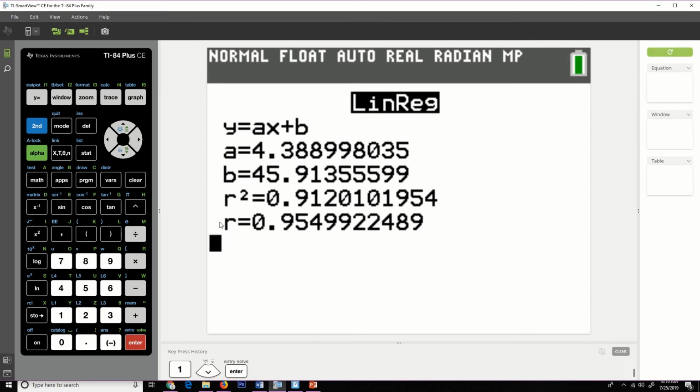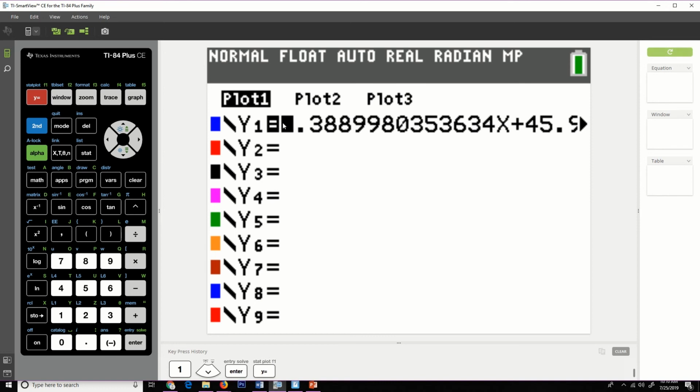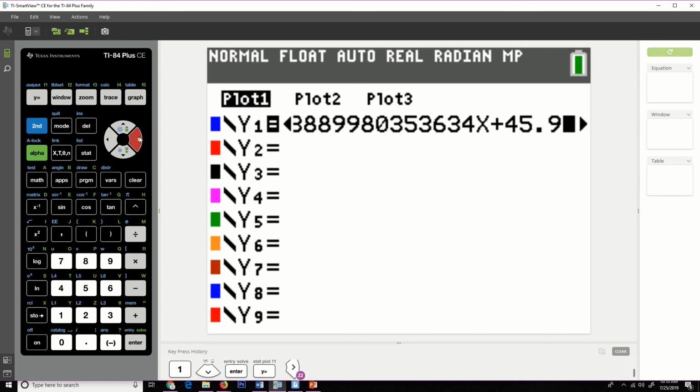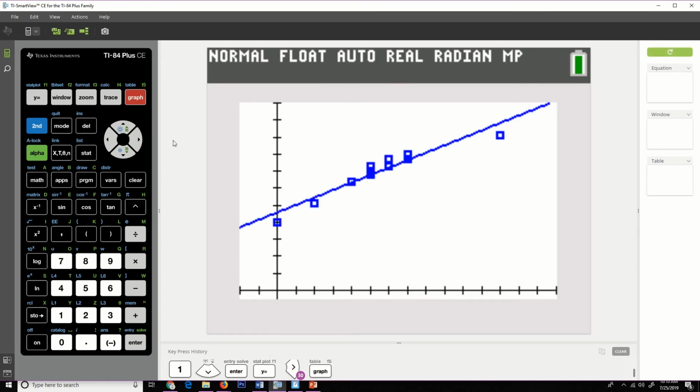All right, so if we want to evaluate y, we'll have to use our Y equals. Remember, we said store the regression line, and so it stored it out to all these decimal places. And if I hit graph, we can see that that's a fairly good regression line. These data points look kind of far away, and if we're minimizing the least squares line, these have a bigger impact than these little ones here.